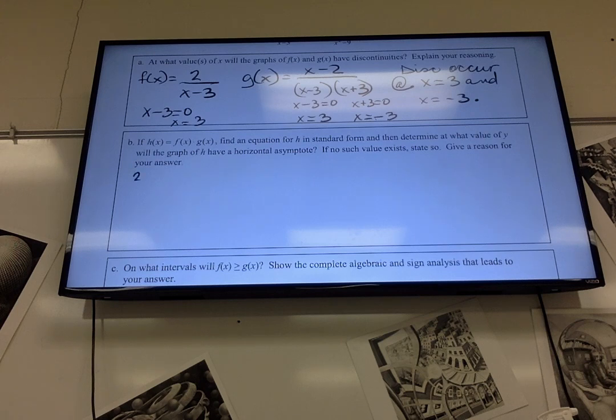So f of x was 2 over x minus 3. And g of x is x minus 2 over x squared minus 9.